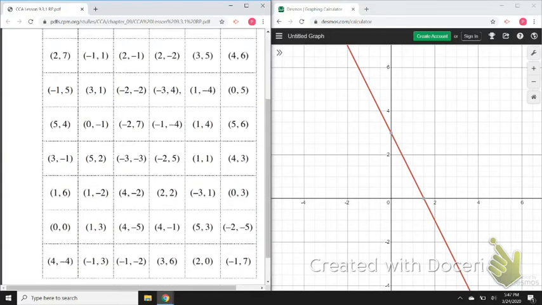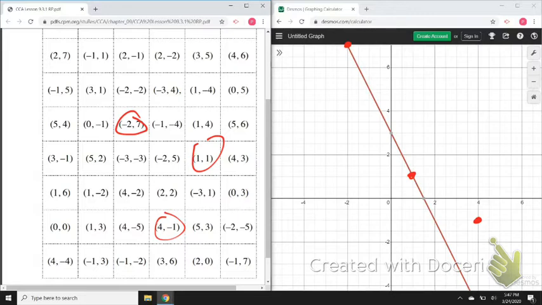This is what it would look like, right? Let's see if this one is. Let's see if negative 2, 7 is. Negative 2, 7 looks like it's right there. I think that's going to work. Let's try 1, 1. Hey, another winner. How about 4, negative 1? 4, negative 1.